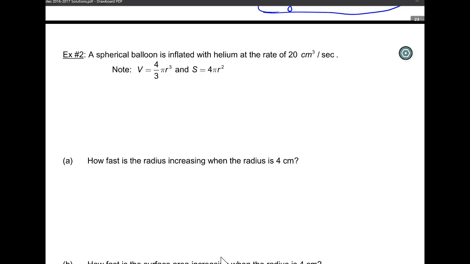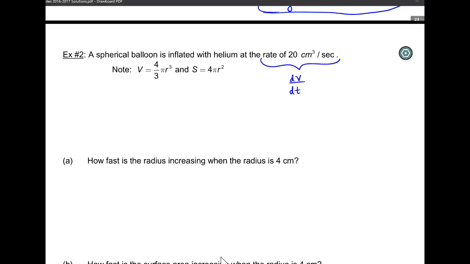Okay, example 2. A spherical balloon is inflated with helium at the rate of 20 cubic centimeters per second. So right away we see that's a rate, and it's cubic centimeters per second. So this is actually a dV dt.